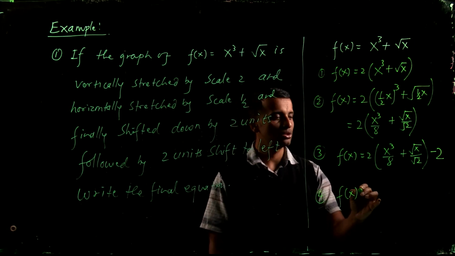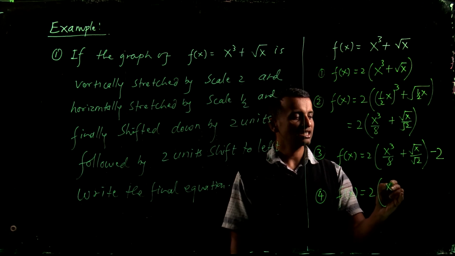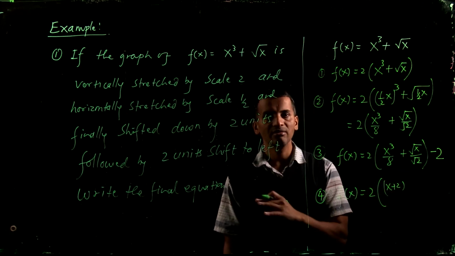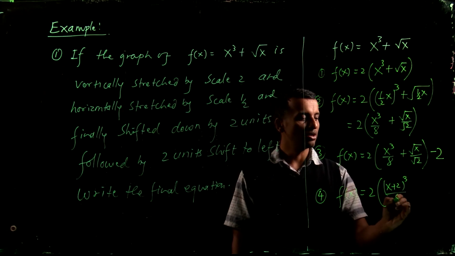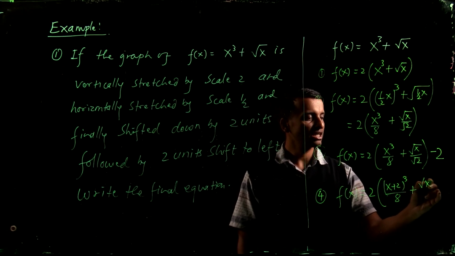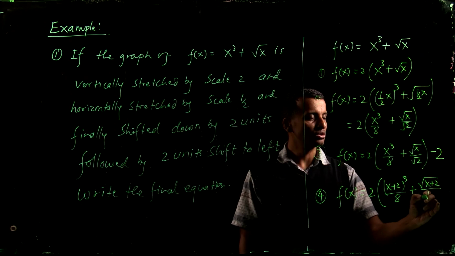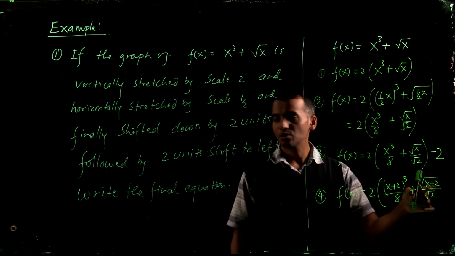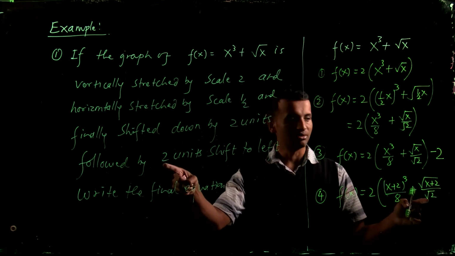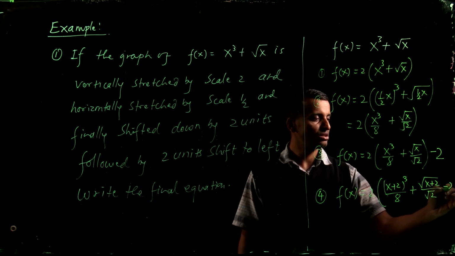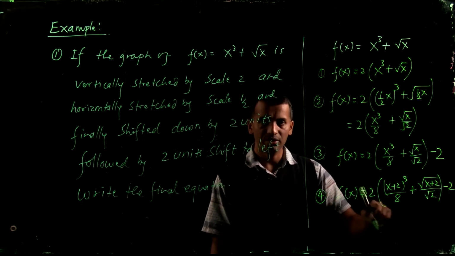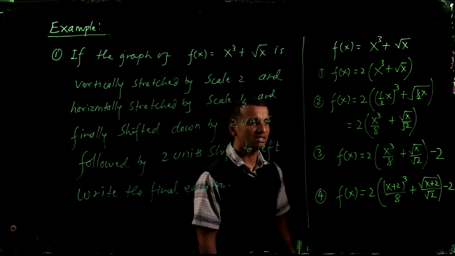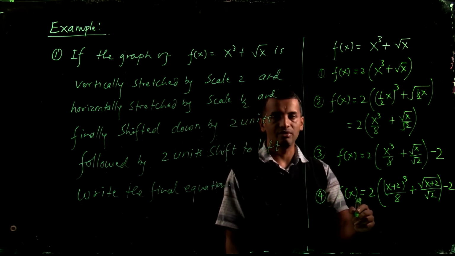So it will be 2 times x plus 2 cubed over 8 plus square root of x plus 2 over square root of 2. The reason why you add 2 is because it is a 2 units shift. And then minus 2, that is outside. So this is the final equation. If you want to, you can simplify and write the final form. That's it guys, thank you.